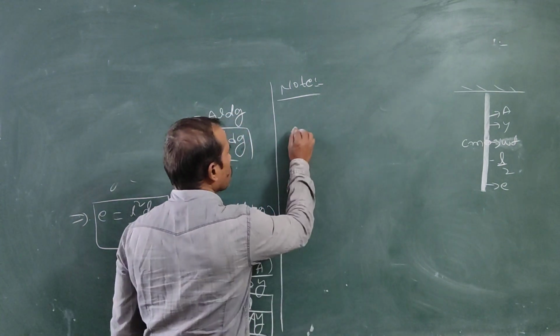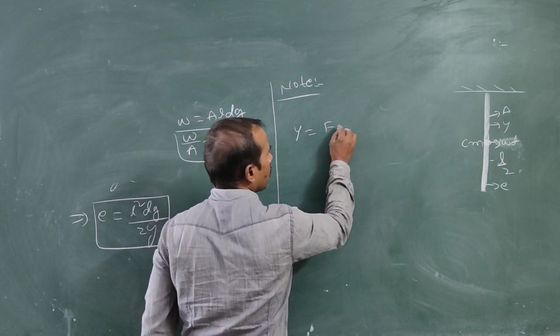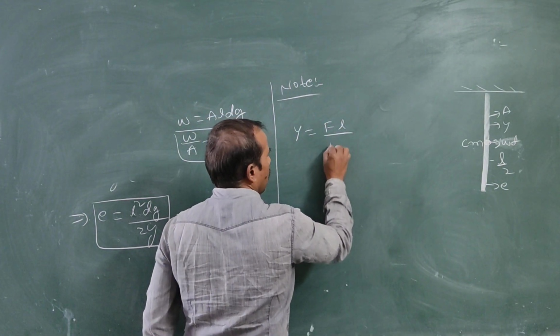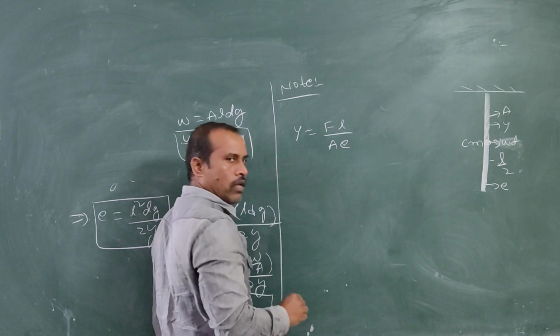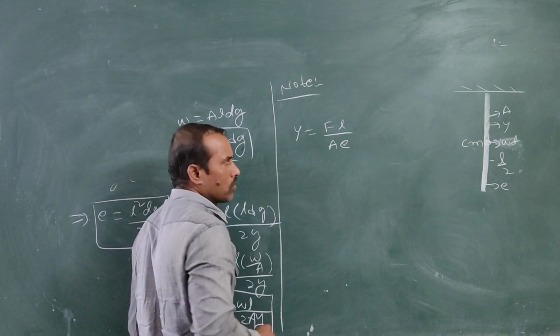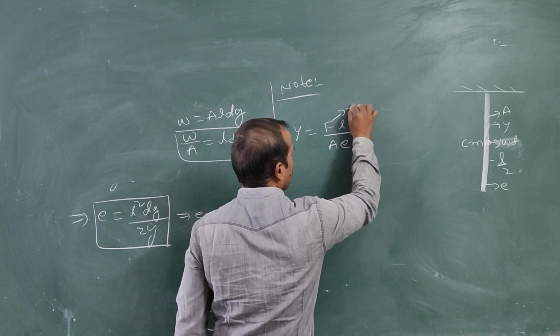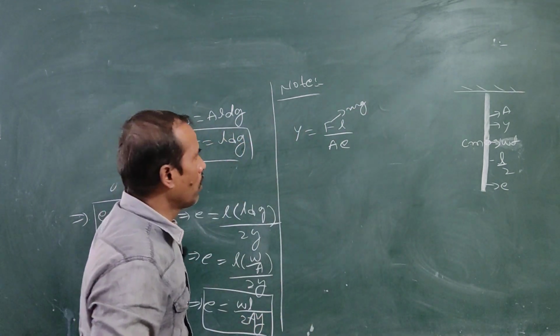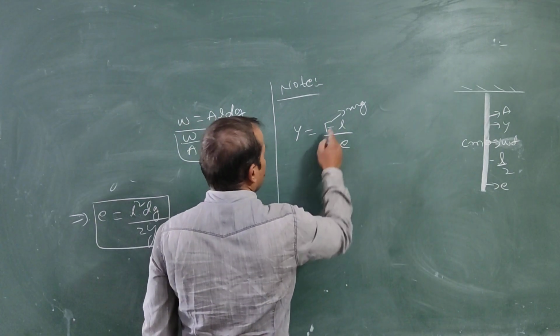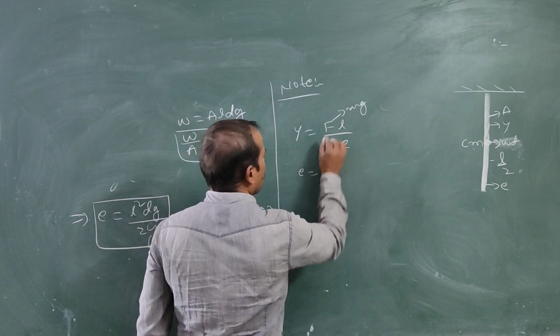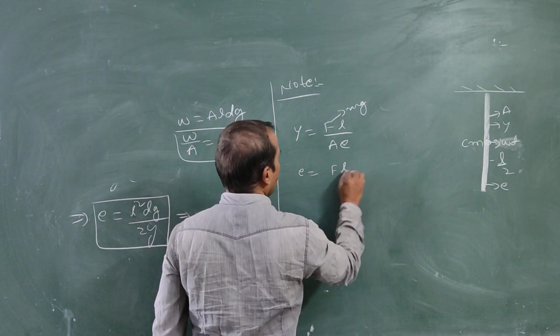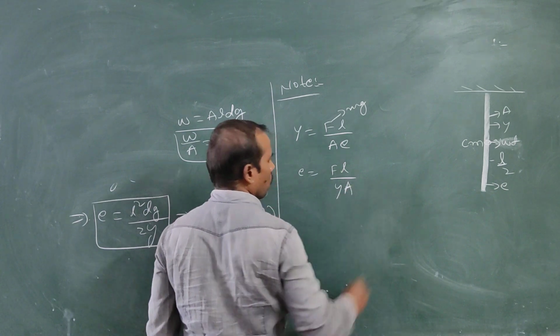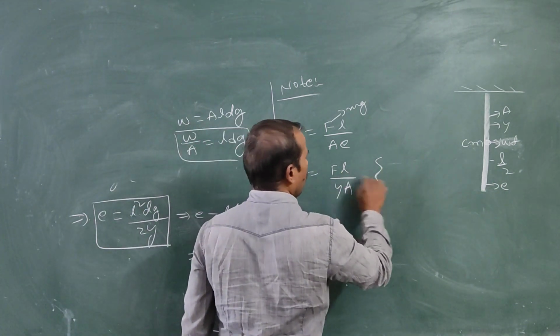According to Young's modulus, Y is equal to force into initial length by area of cross section into elongation. So F means weight, mg. Now the elongation is equal to FL by YA, but here L is the effective length.